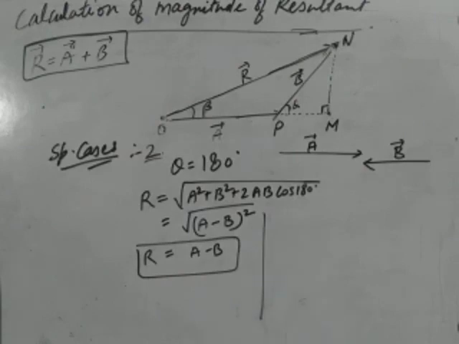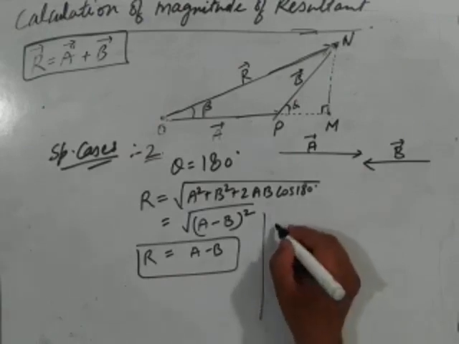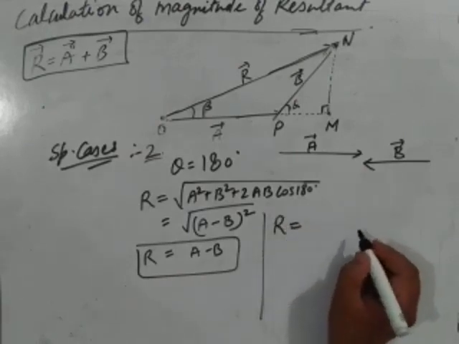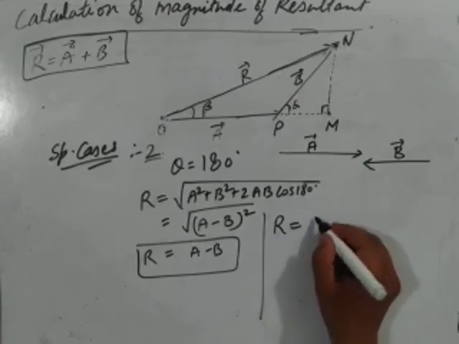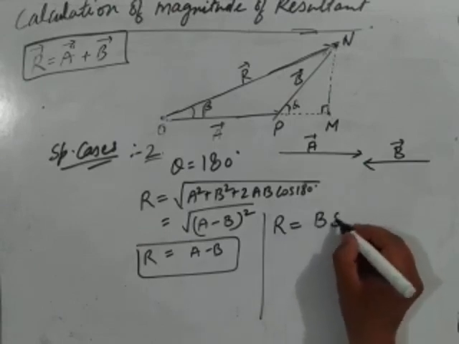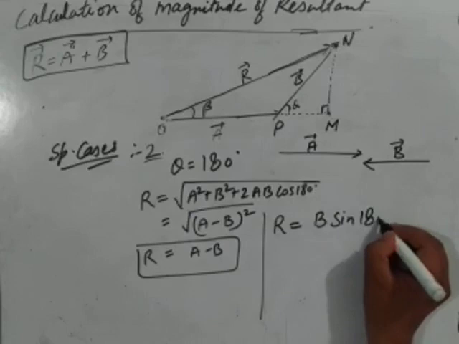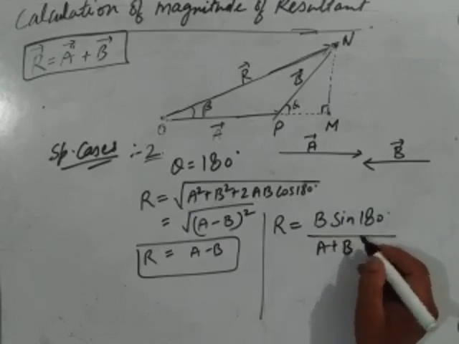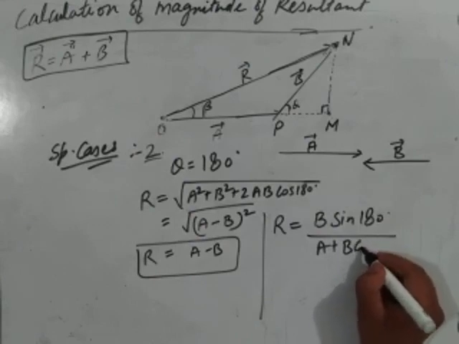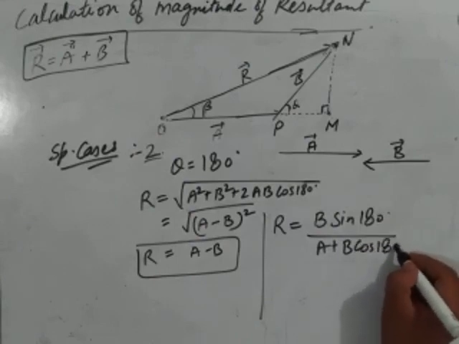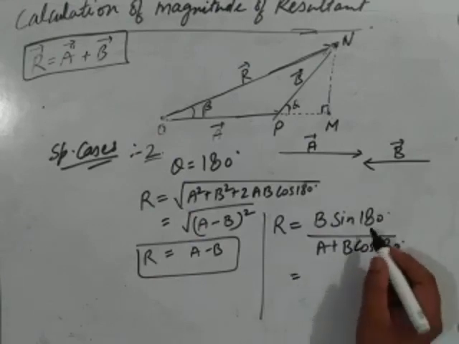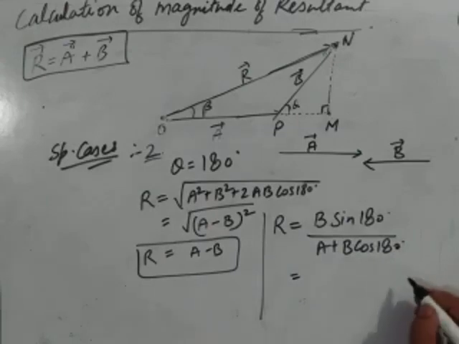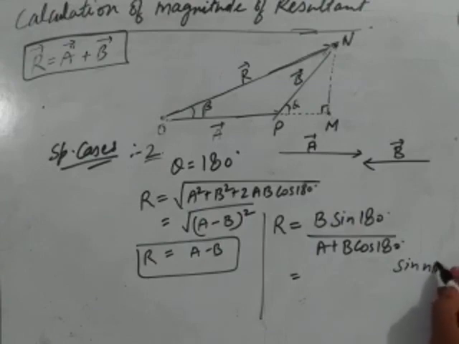Now to find out the direction of resultant, we will use again the same formula, tangent beta equal to B sine 180 upon A plus B cos 180, but sine 180 equal to 0, since sine n pi equal to 0.